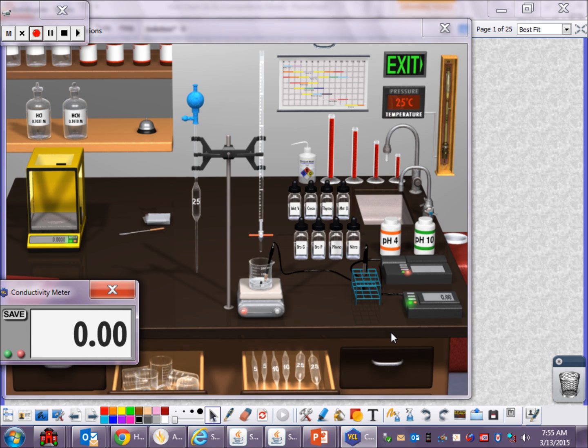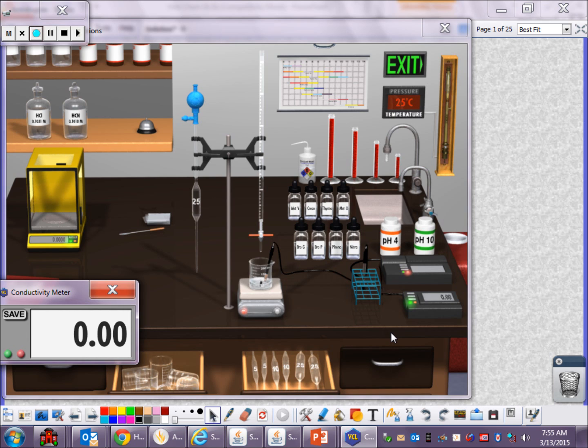Based on their chemical formulas, which solutes are covalent? Molecular, covalent, same thing. Do the covalent solutes conduct electricity? Now I'm going to add something here. I need you to tell me if you saw any exception.